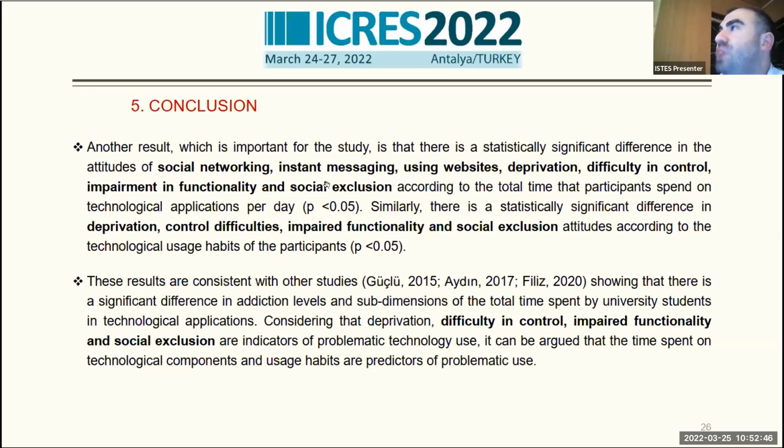And you can see other relationships: social networking, instant messaging, using websites, deprivation, difficulty in control, impairment in functionality, and social exclusion. These are the psychosocial dimensions of problematic technology use, and they have a very close relationship with time. And of course, difficulty in control, impaired functionality, and social exclusion are other indicators of problematic technology use.